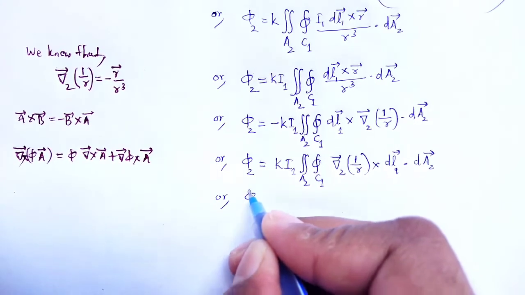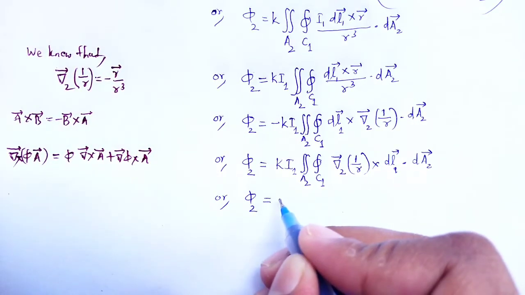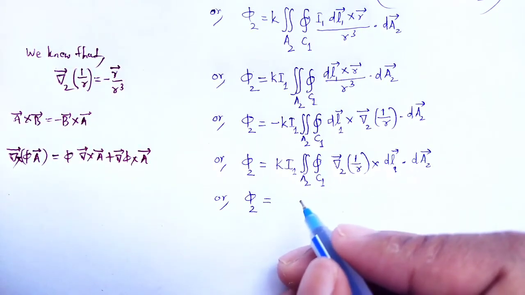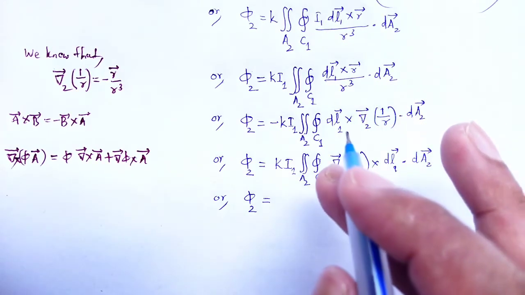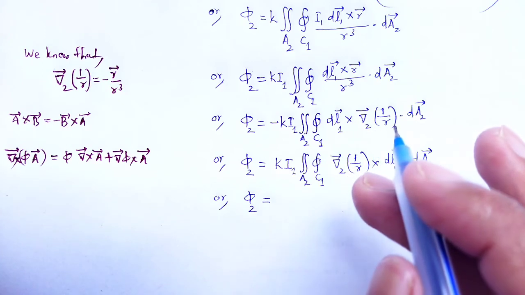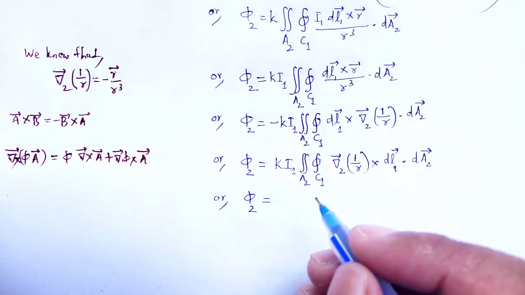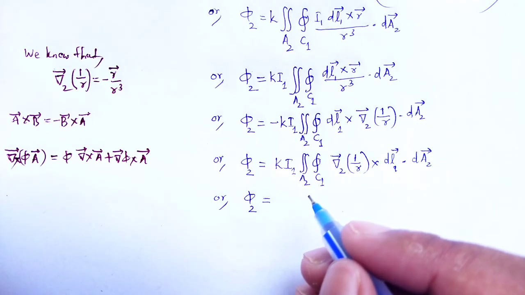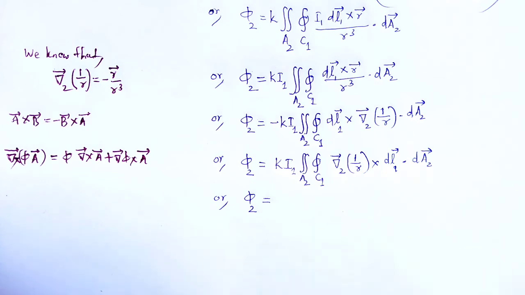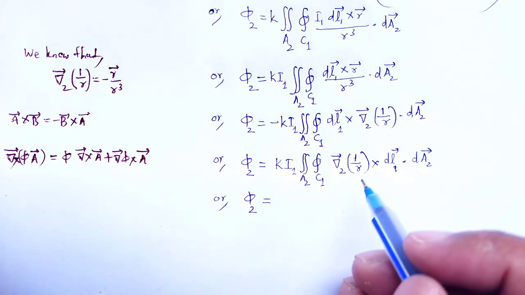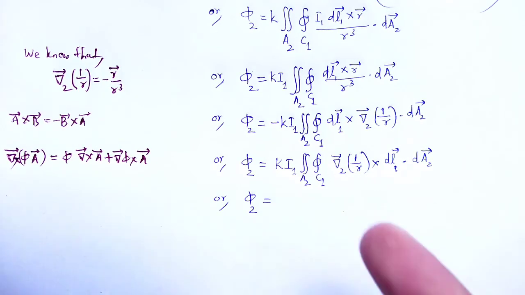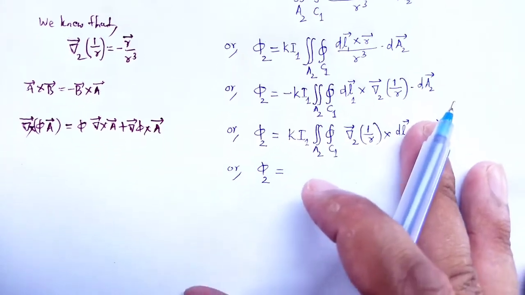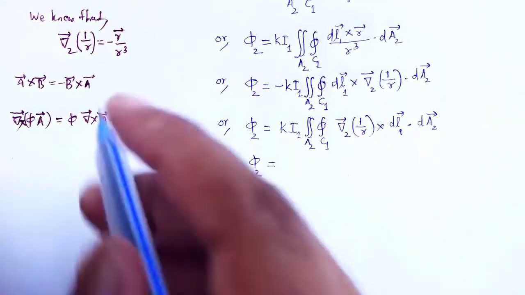We write phi 2 is equal to... look here how exactly we found the term. Look here what exactly the terms are found here.